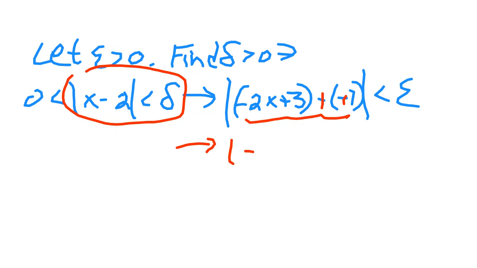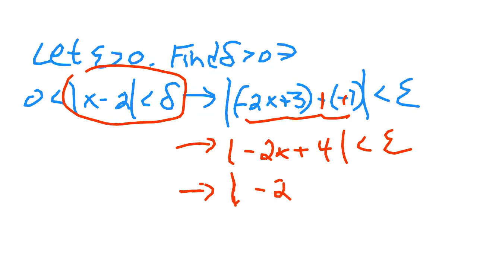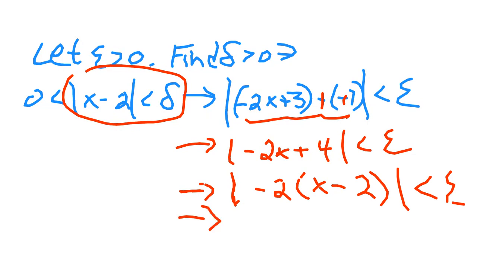What does that imply? That implies the absolute value of minus 2x plus 4 is less than epsilon, right? Then I can factor out a minus 2 inside of there, and I'll get the absolute value of minus 2 times x minus 2 is less than epsilon. Of course, the absolute value of a times b is the absolute value of a times the absolute value of b.